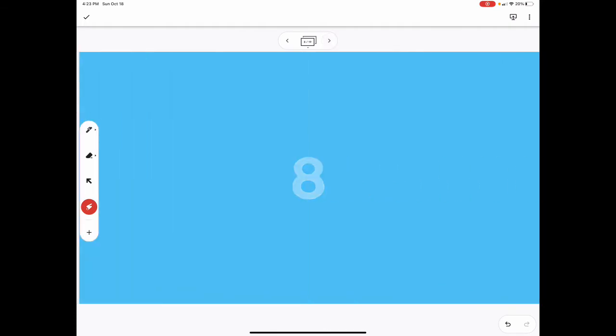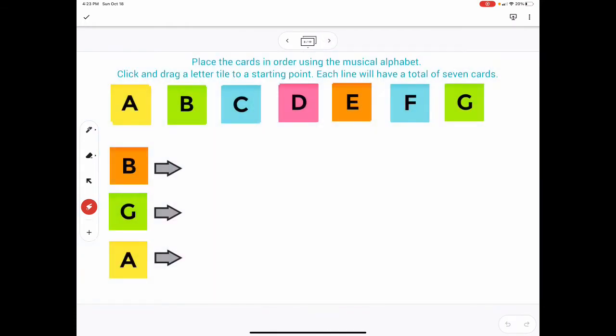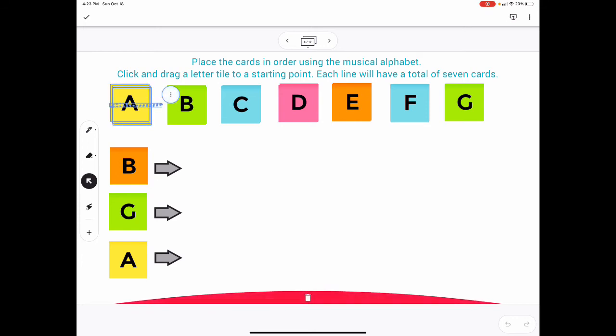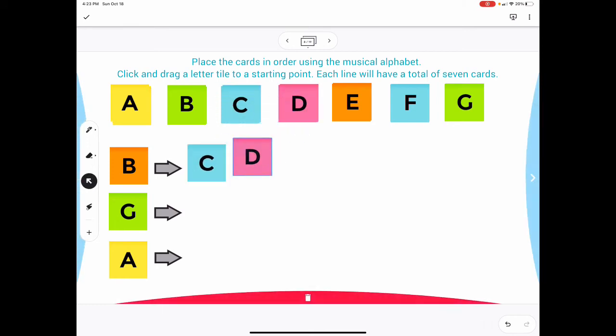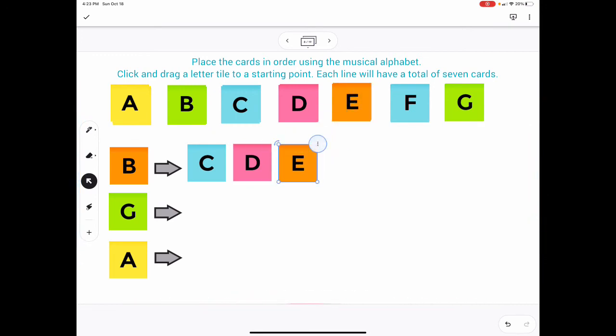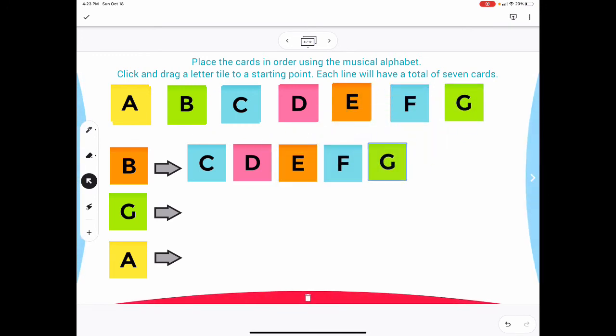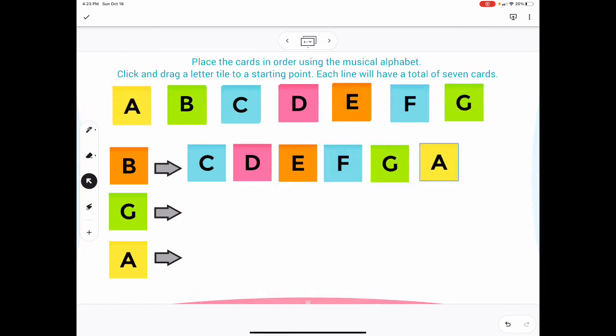Let's do 3 more. After B, here's our alphabet here in the top. So it would be C, D, E, F, G, A. Good.